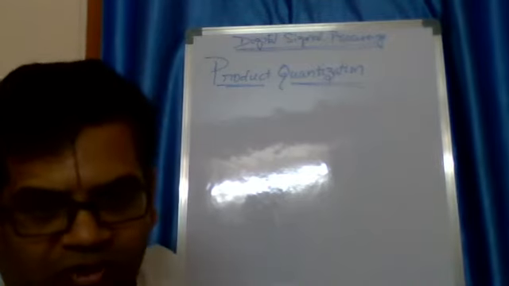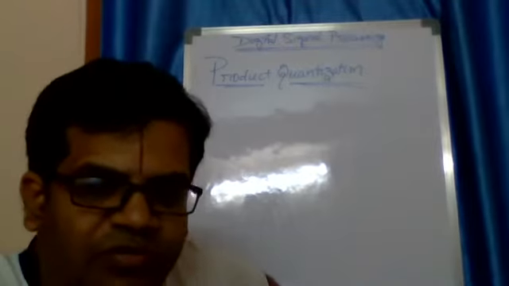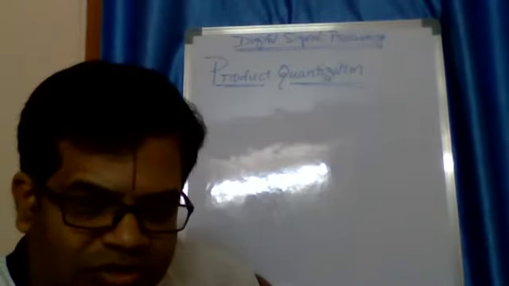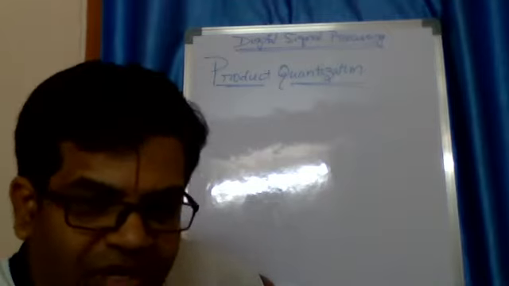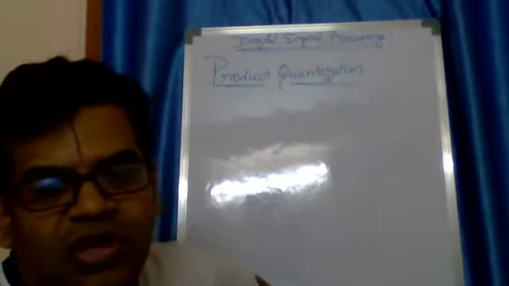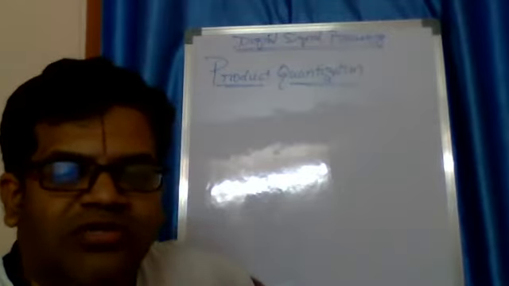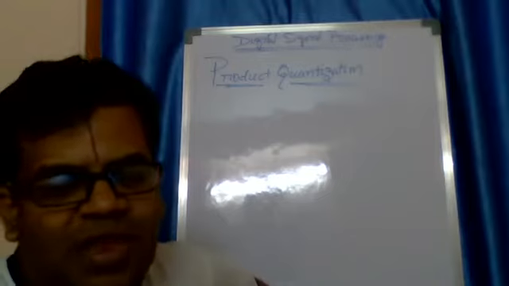The product quantization error, as in the case of input quantization, always follows quantization with respect to rounding rather than truncation. The reason we have already seen with respect to input quantization applies here also.